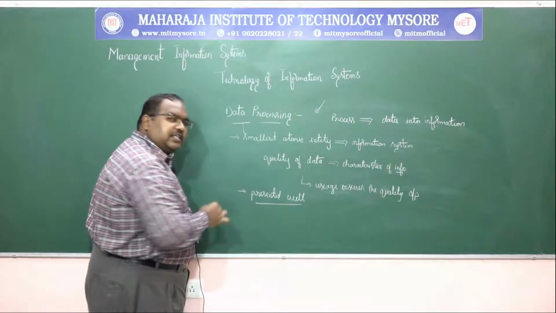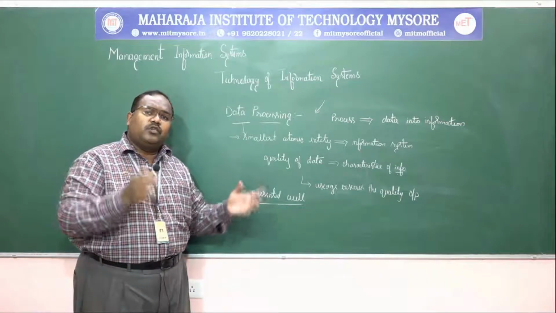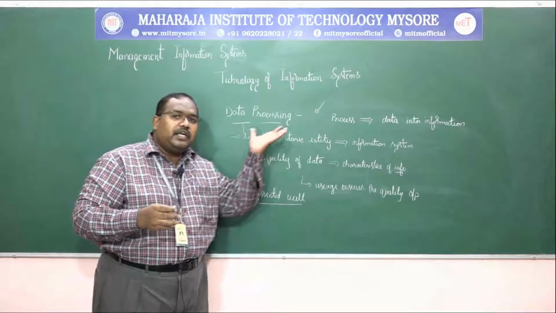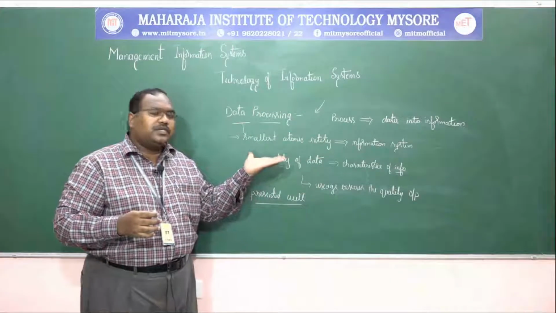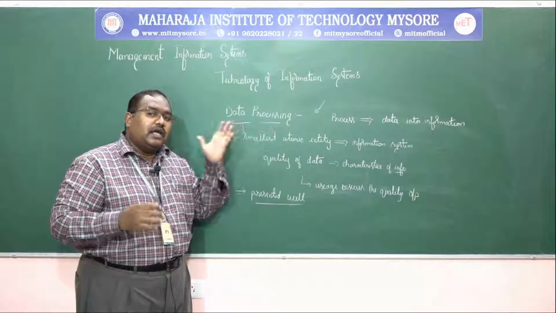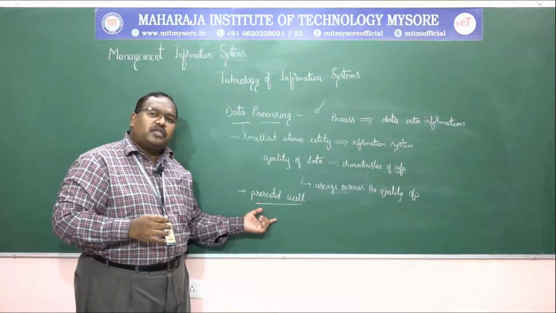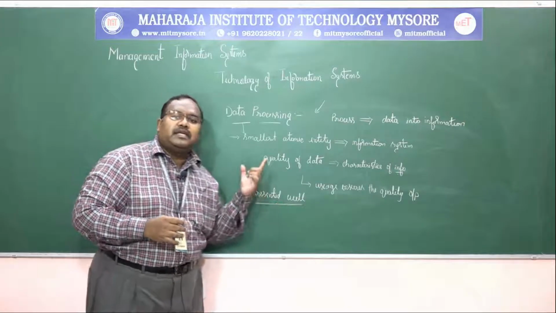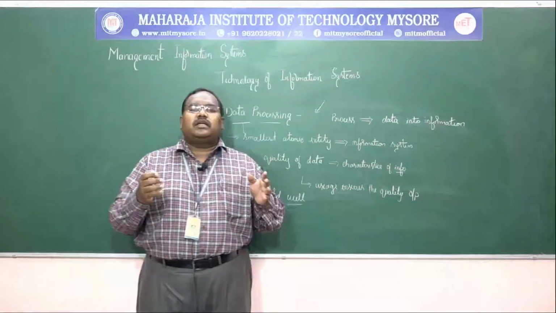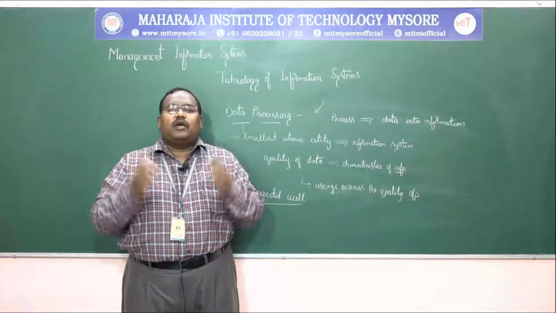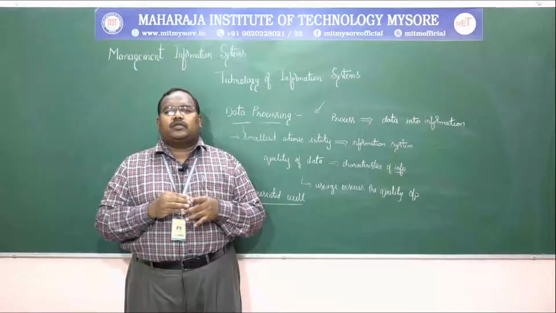Not that data collection is not important; obviously, it is also important. Collecting the data is one concept, and processing the data into information is the main goal of data processing. Finally, care should be taken that all the processed data is presented well. Only if the presentation is good can the end user get the required information. That is the main intention of data processing.